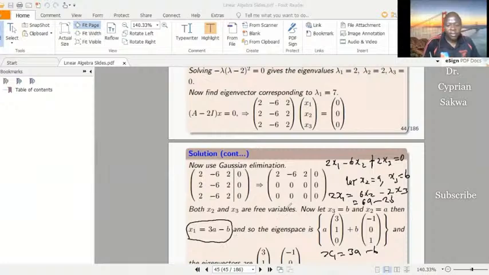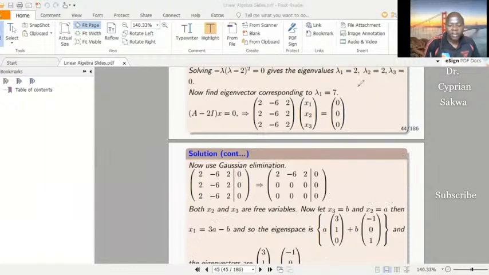So that means if I wanted the eigenvectors, I would have x1, x2, x3. I know what x1 is: 3a minus b. I know what x2 is: x2 was a.